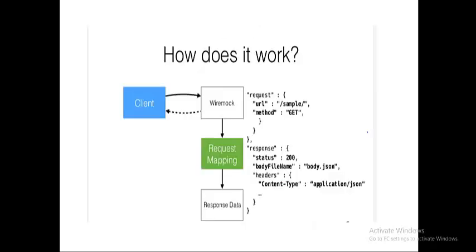And how does it really work? This is a schematic of its workflow. As a client, when I reach a WireMock server with the request /sample and the method is GET, WireMock checks the repository in the request mapping folder, finds it, and gives me a response saying status is 200, body file name is body.json, and header content type is application/json.